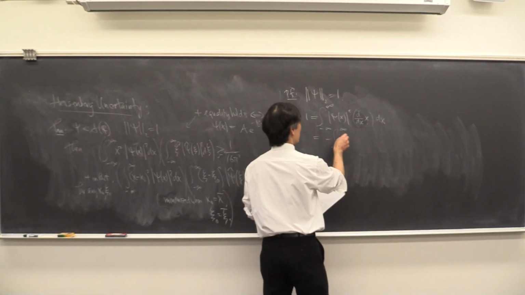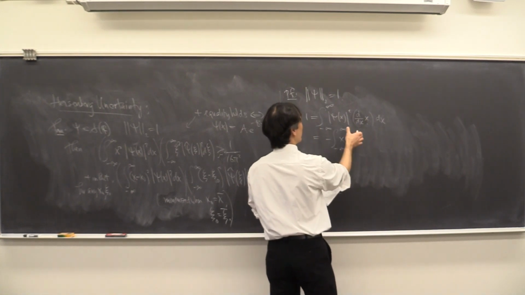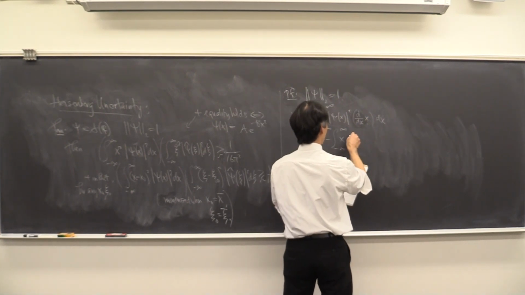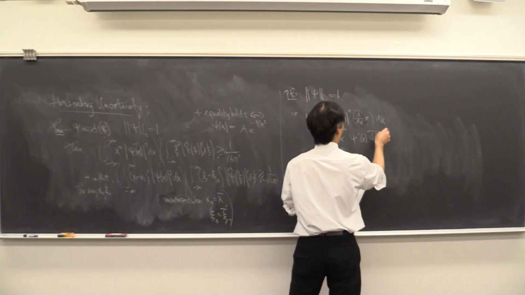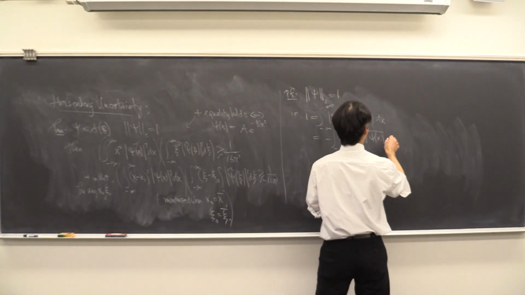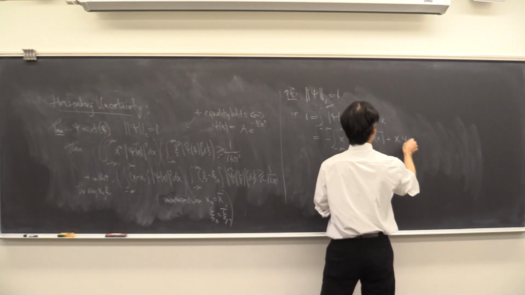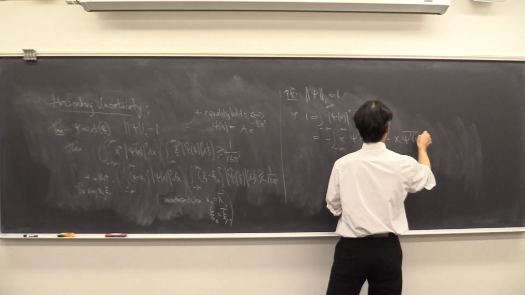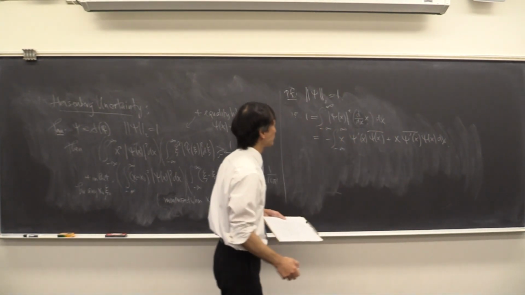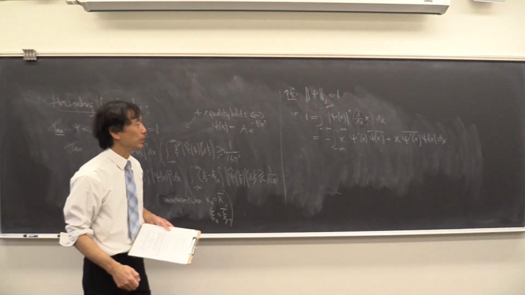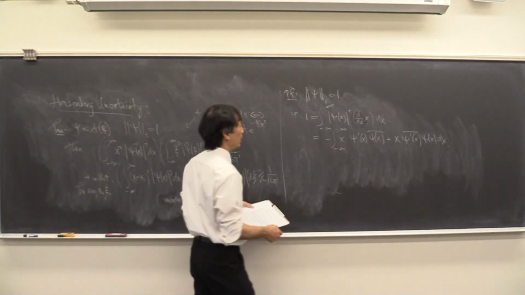We get negative x times the derivative of this product, so that's going to be the integral of x times psi bar of x psi prime of x plus psi of x psi bar prime of x dx. Just integration by parts.